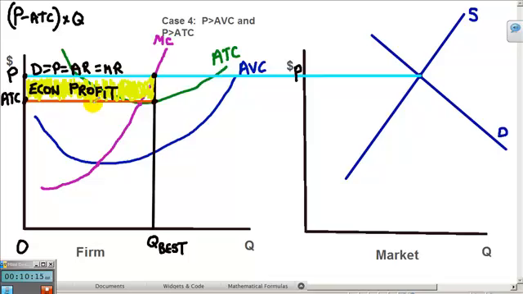So it would be like they could take the inputs that they own and instead of using them themselves, rent them out or sell them and then put the money in the bank and earn interest or whatever. And let's say doing that, they would have earned $200,000 somewhere else.